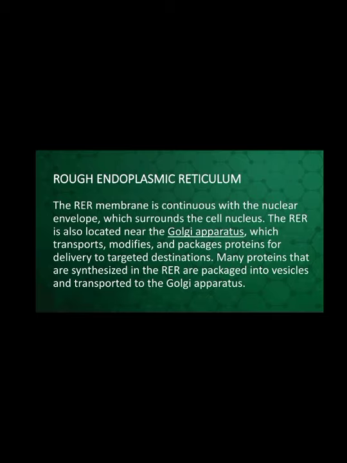The rough endoplasmic reticulum is also located near the Golgi apparatus, which transports, modifies, and packages proteins for delivery to targeted destinations. Many proteins that are synthesized in the rough endoplasmic reticulum are packaged into vesicles and transported to the Golgi apparatus.